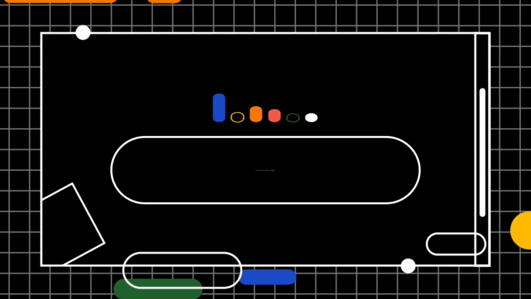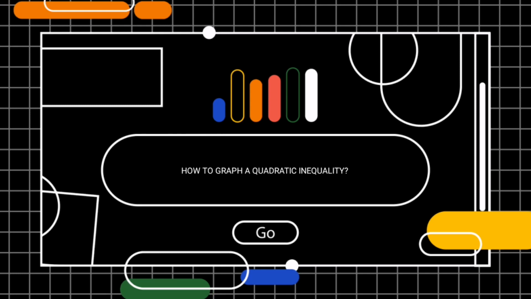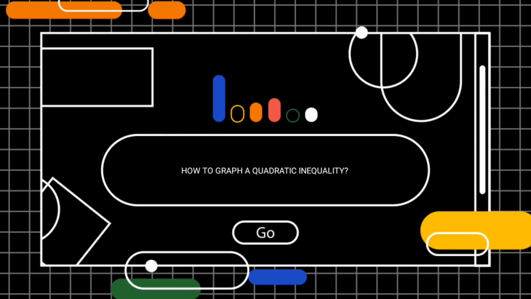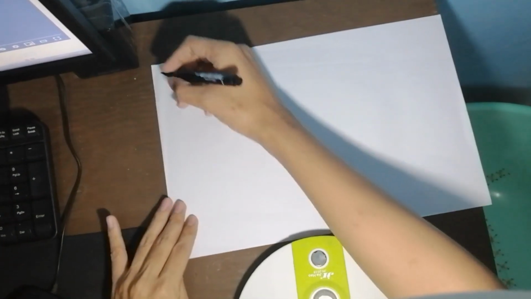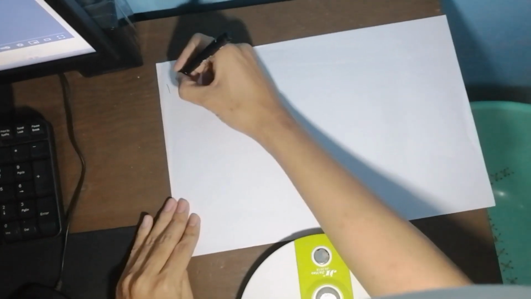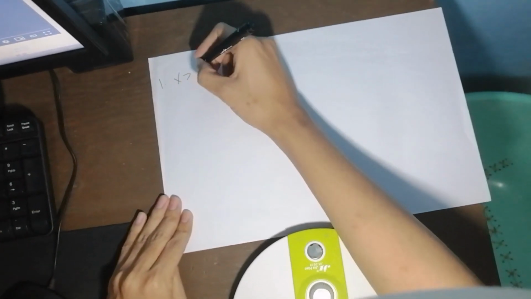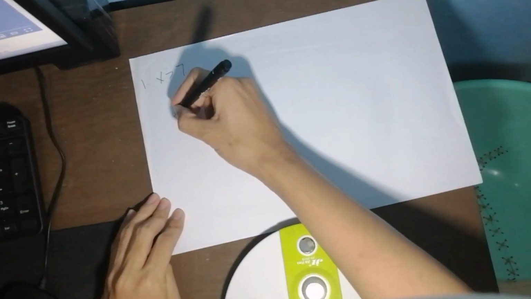And for the next one, we also need to know how to graph a quadratic inequality. So here's an example on how to plot a quadratic inequality, and I'll show you one. On number 1, there is x is greater than 7.